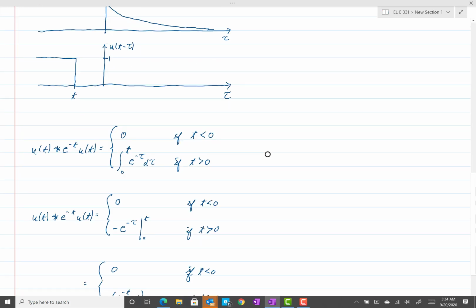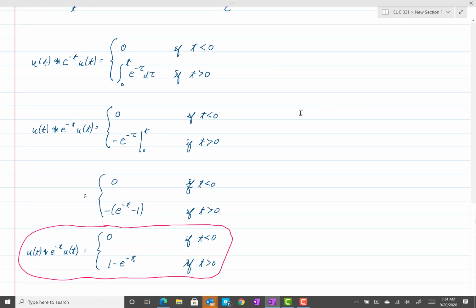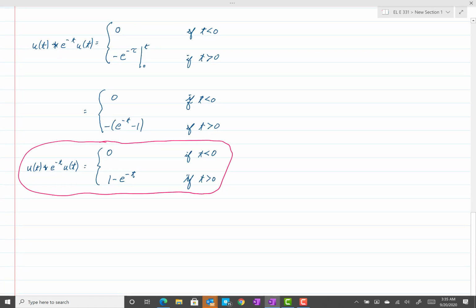So we just bring down the 0, and for the integral of e to the minus tau d tau, you get minus e to the minus tau, and we're going to evaluate that from 0 to t, and so that will give us minus the quantity e to the minus t minus 1, and so we get then 0 if t is less than 0, and 1 minus e to the minus t if t is greater than 0.